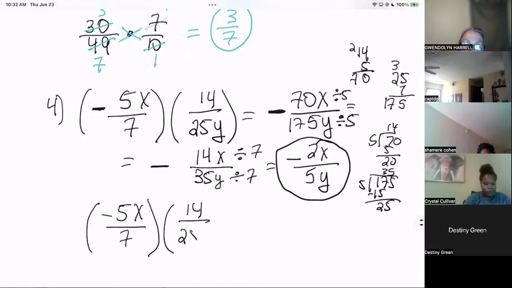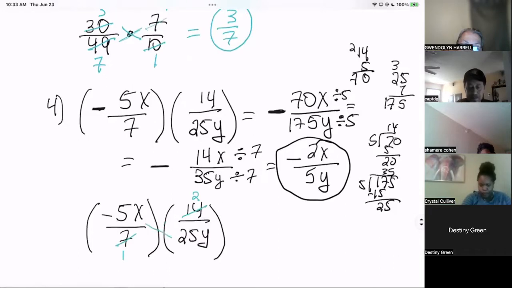14 over 25y. So let's say we do cross simplifying. So I look this way. 7 and 14, I can divide both of them by 7. 7 becomes 1, 14 divided by 7 is 2. Then I'm going to look this way. By the way, I usually don't write those little X marks. I'm just trying to show you what I'm looking at.